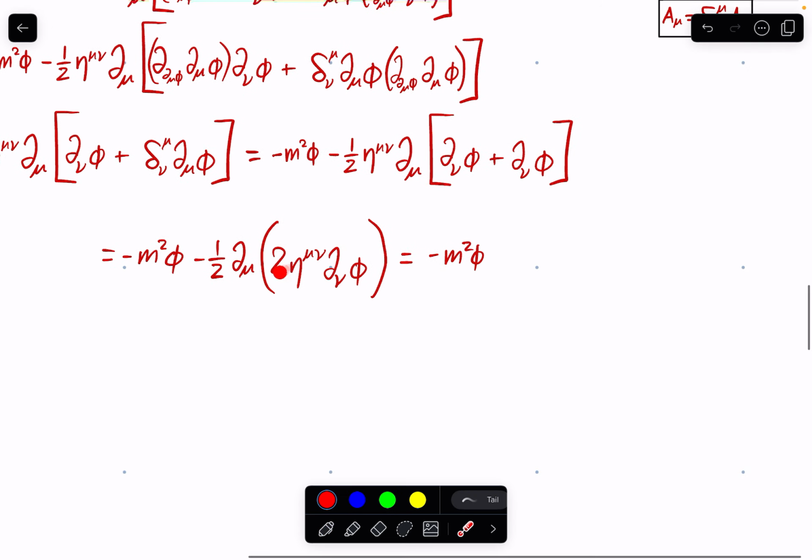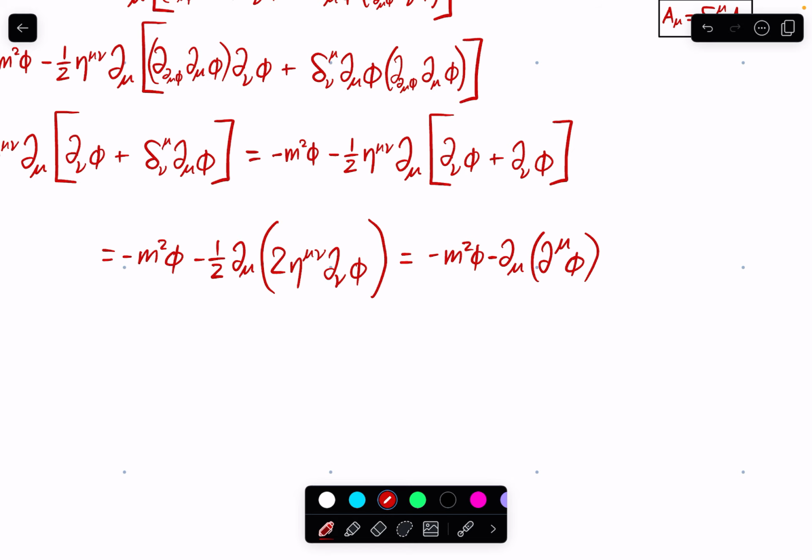The 1/2 and the 2 will cancel, and the Minkowski metric will change this d nu into superscript d mu. So we get d mu of d mu, or minus, there's a minus sign here, of phi, like this.